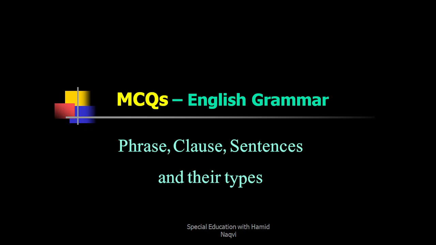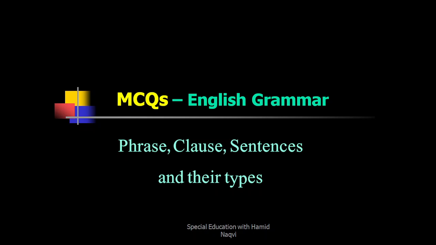In the first video which we uploaded yesterday, we talked about English grammar in general, especially what the parts of speech are, and then at length we had a practice of MCQs relating to verbs and their kinds.